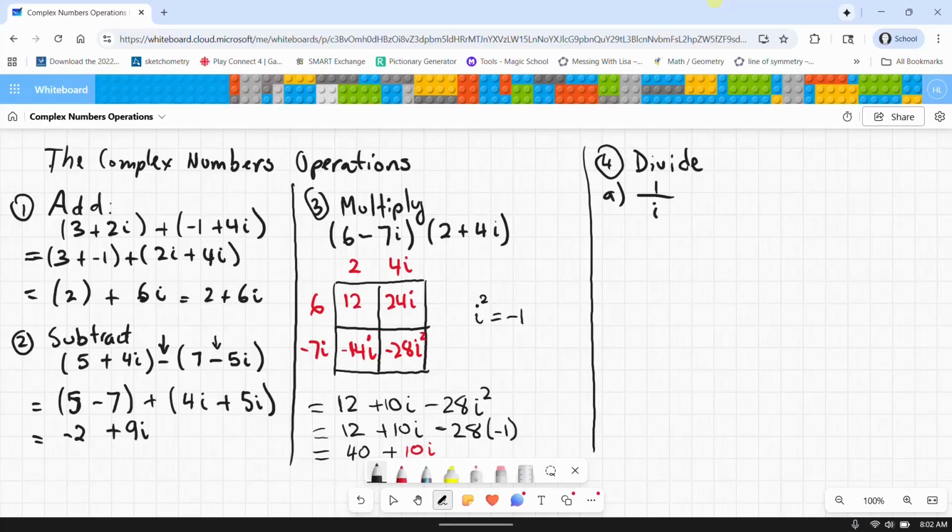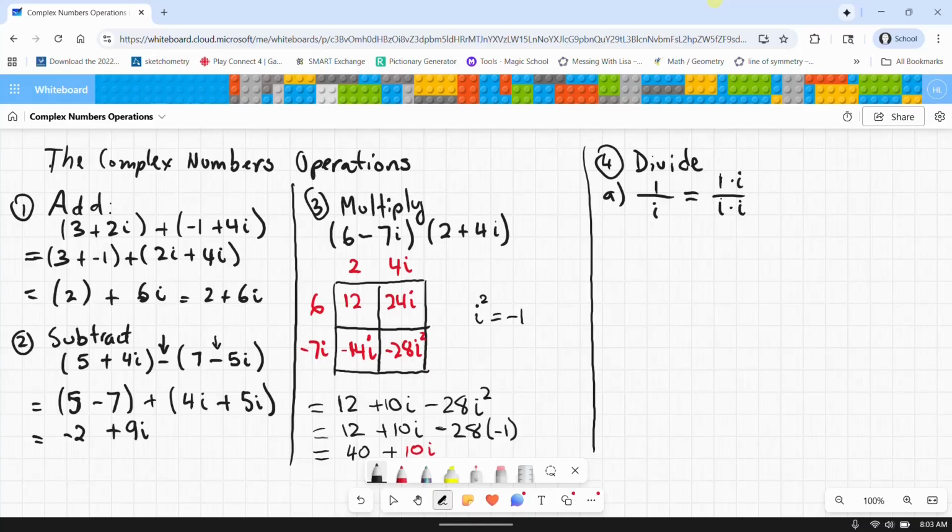But dividing complex numbers means we don't want to see the letter i on the bottom of the quotient or fraction. So what we can do is multiply this with i: I'm going to rewrite the 1 in i, multiply the bottom with i, and multiply the top with i.